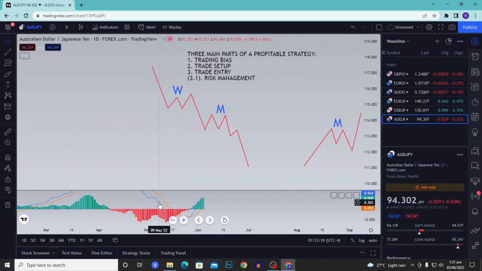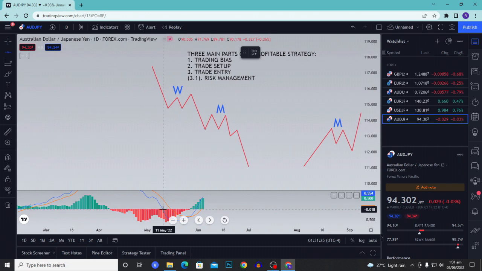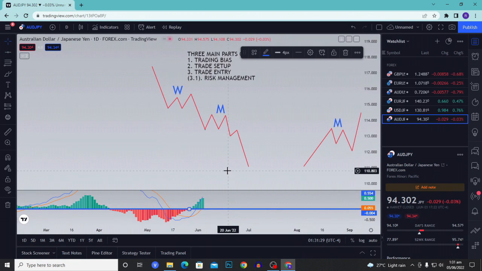We wait for this to cross below the 0 point, and the 0 point is right here. I'll mark it out a bit clearer, somewhere along here, as you can see. So we wait for the MACD line to cross below the 0 point, along with the 10 exponential moving average and 20 exponential moving average to cross, for us to look for a sell with the W trade setup.